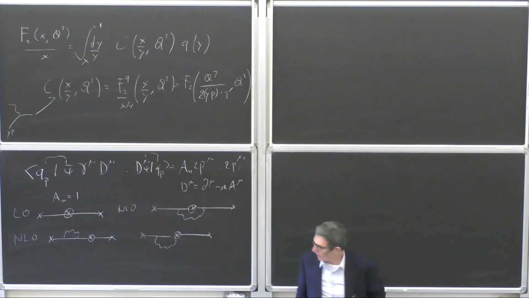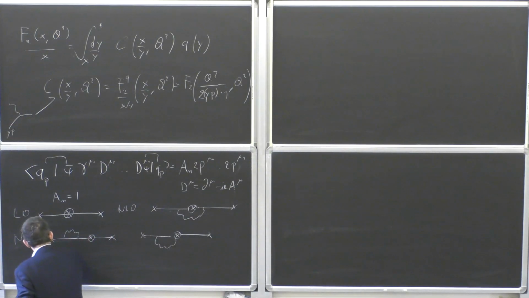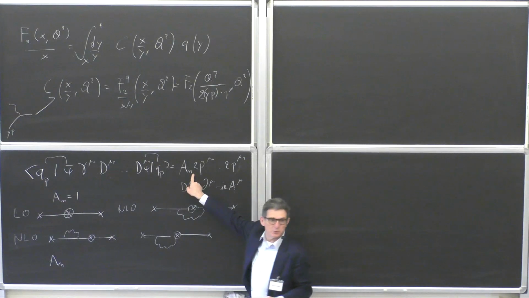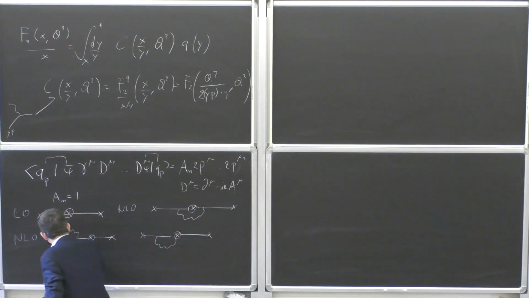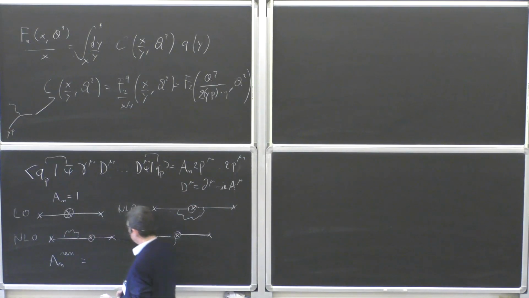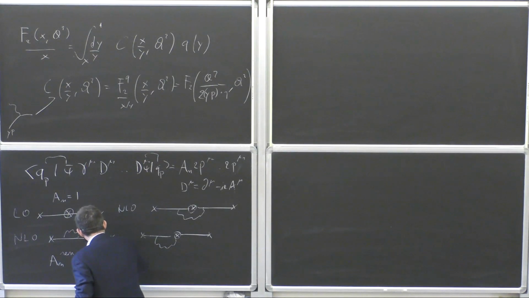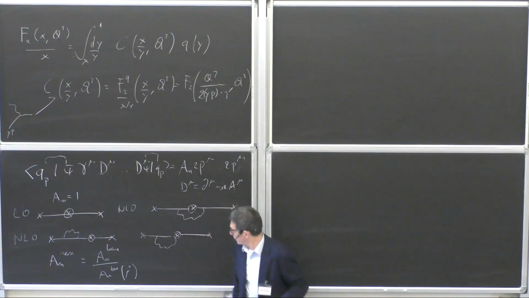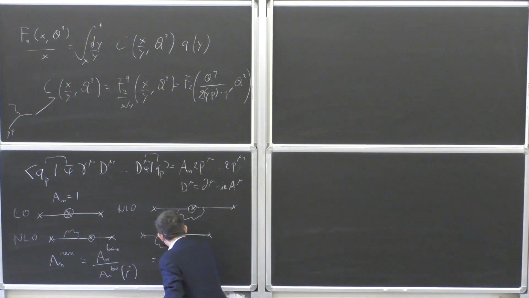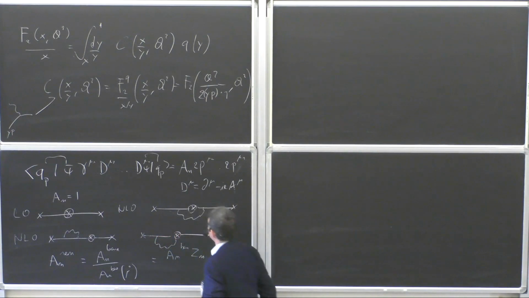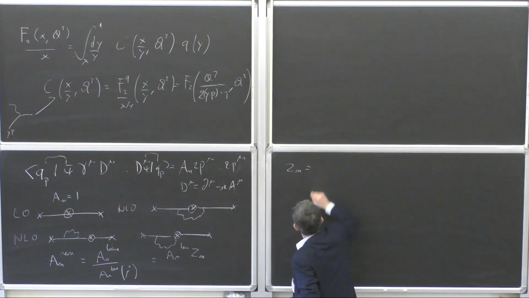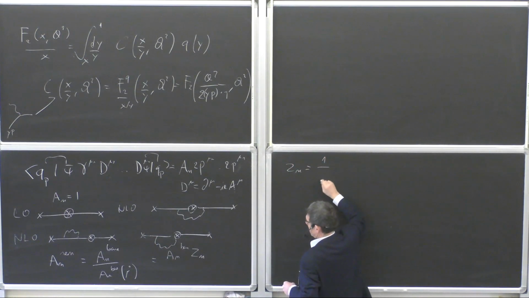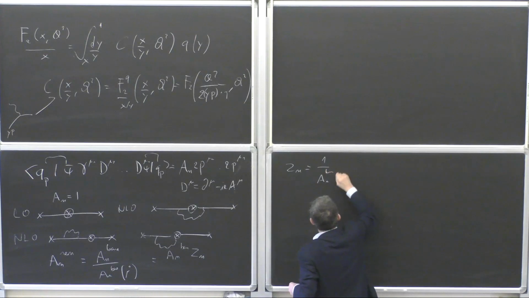And then what you're really saying is that A_n, the reduced matrix element which you got here, is defined as A_n renormalized, which is A_n bare divided by A_n bare evaluated at some scale mu squared, which you can write as A_n bare times Z_n, where Z_n is nothing but 1 over A_n bare at mu squared.